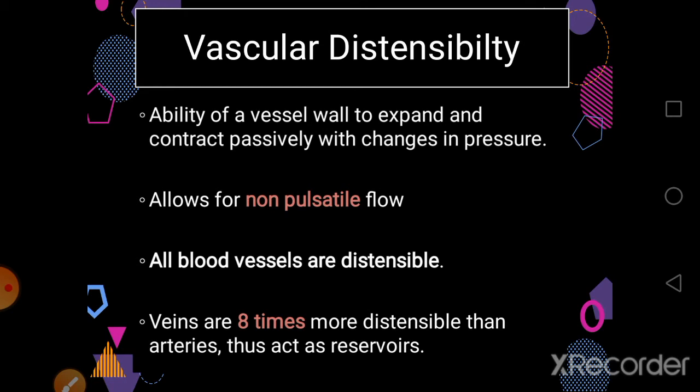This is the reason that at any given time, 64% of your blood lies within your veins. So, thanks to distensibility, veins can act as reservoirs of blood.